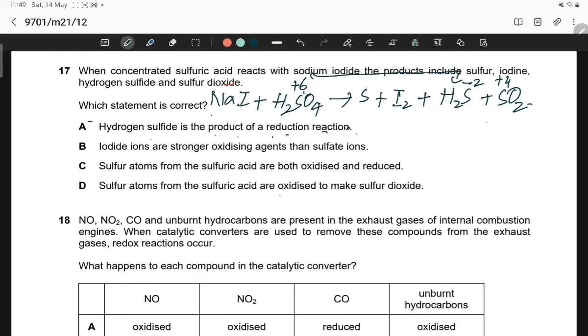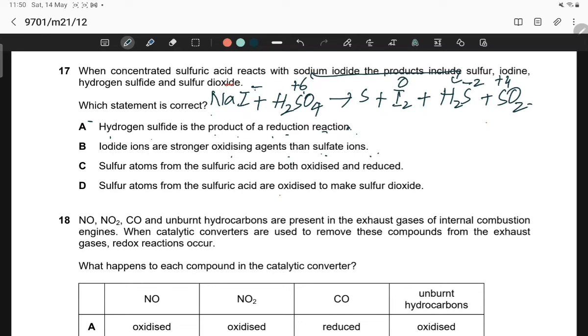This should be correct. Iodide ions are a stronger oxidizing agent than sulfate ions? Iodide ion is not a stronger oxidizing agent, iodide ion is a reducing agent. Sulfur goes +4, -2, +4 and iodine -1 to 0.